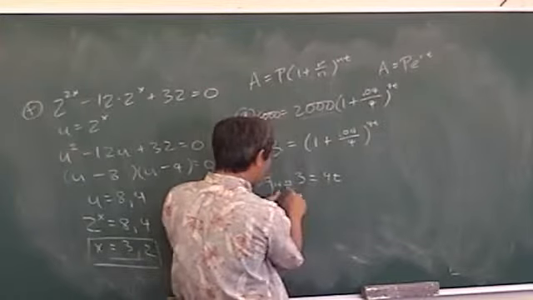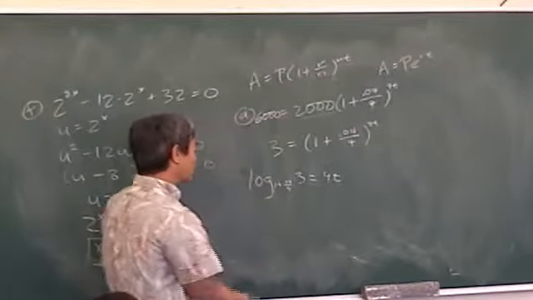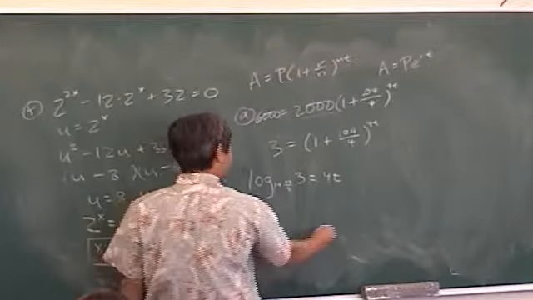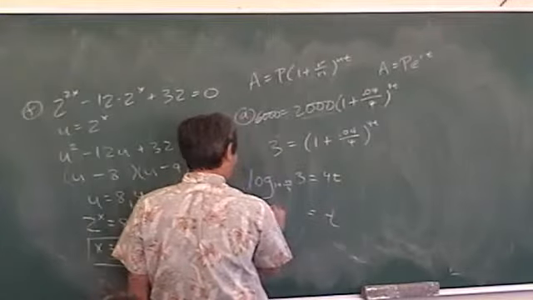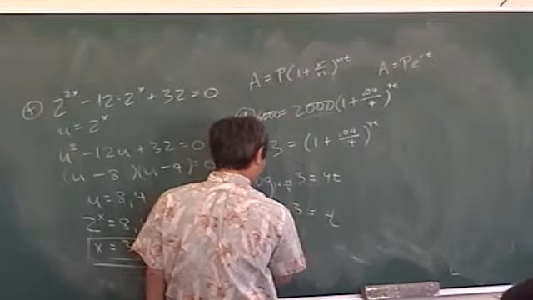Because doesn't this mean this to the that equals this? Which is the same thing as this, you're just going backwards. And then now, to solve for t, what do you do? You divide by 4. So t equals log base 1 plus 0.04 over 4 of 3, all over 4.